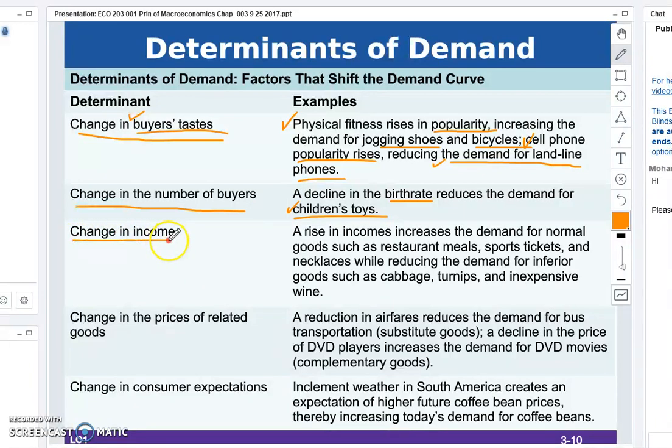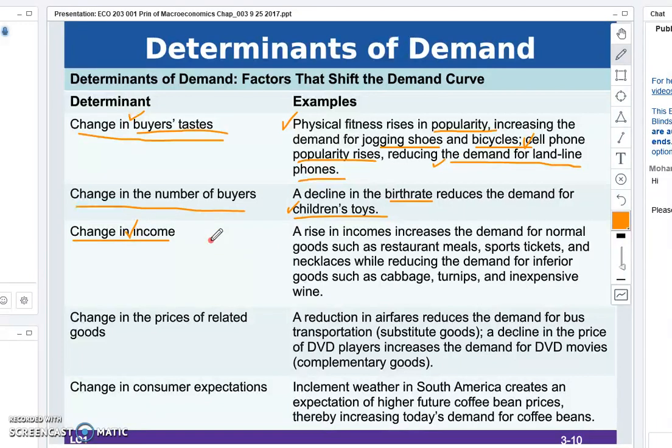Then change in income. When income increases or decreases, the effect will depend on what type of good this is. If this is a normal good, when income increases, demand will increase and vice versa. But if it is an inferior good, if income increases, demand will decrease.